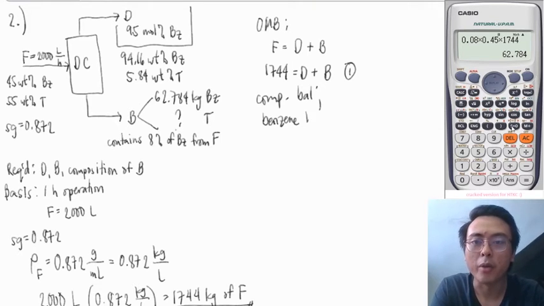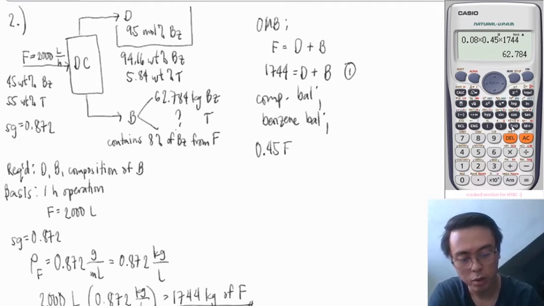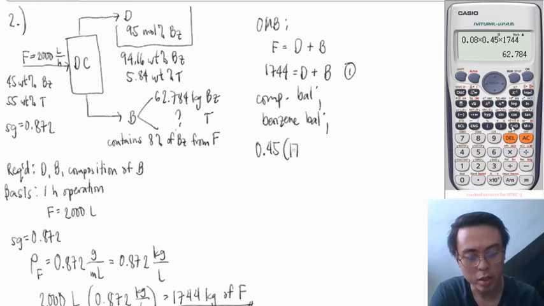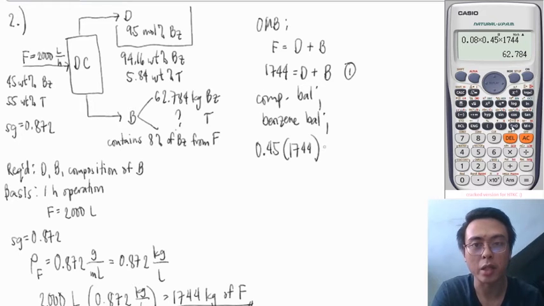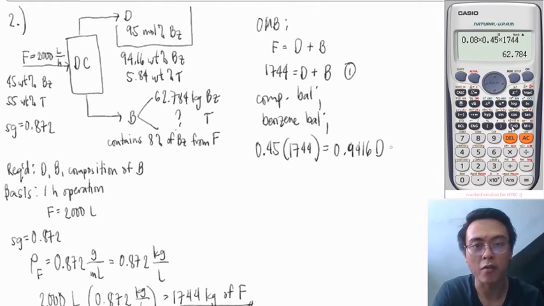So how do you write your benzene balance? In the feed, that is 0.45 F, but F already has a value. So let's already substitute: 0.45 times 1744 equals, in the distillate, we will be using the converted mass percents. That's 94.16, so that's 0.9416 of D, plus in the bottoms product, we already have a mass.